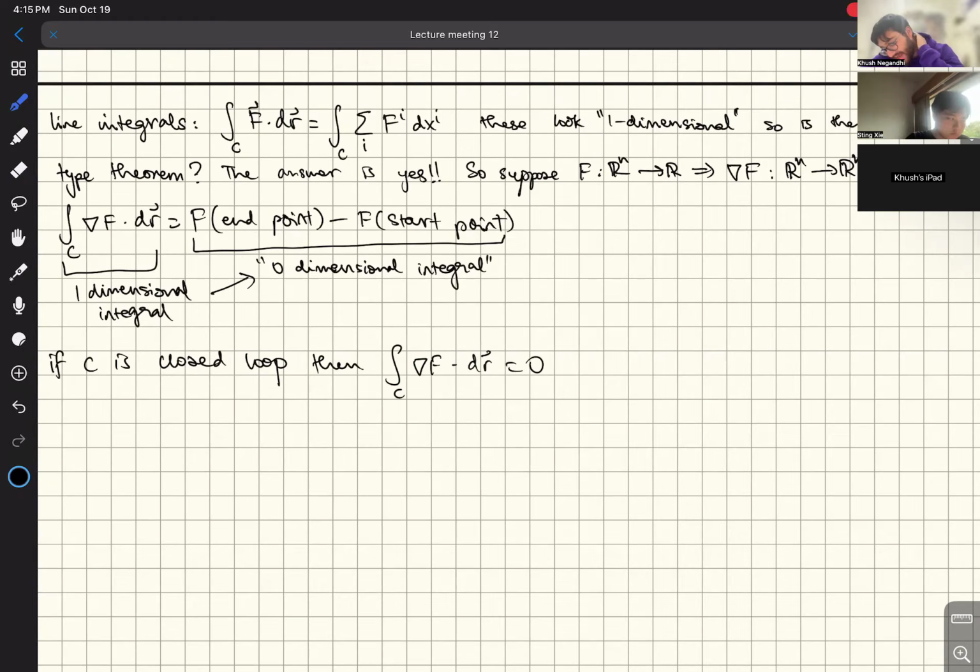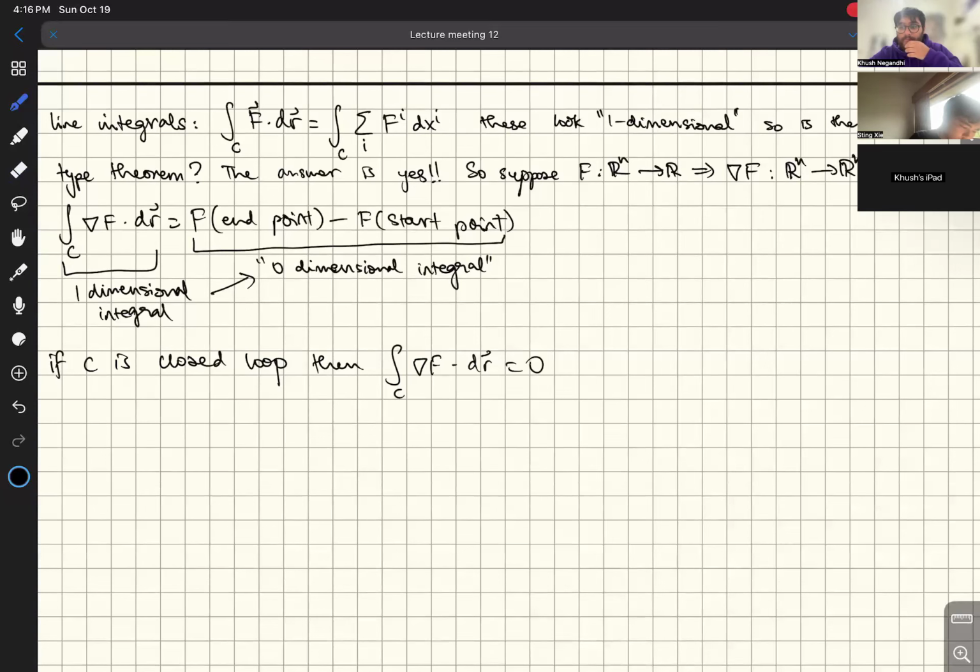Now we can ask ourselves the following question. If I have some vector valued function whose integral along a closed loop is zero, is it true that this vector valued function is the derivative of some scalar valued function?